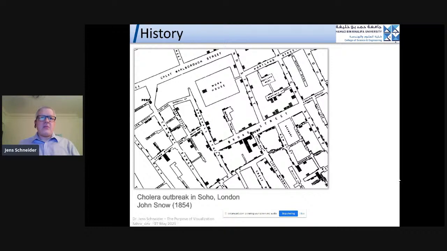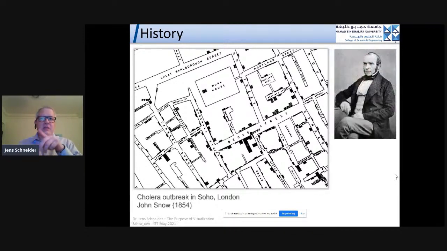Then we have the map of John Snow, which is a different guy from this one. It looks like this. And this John Snow in 1854 was looking at the cholera outbreak in Soho, London. And he used visualization to gain his insight.